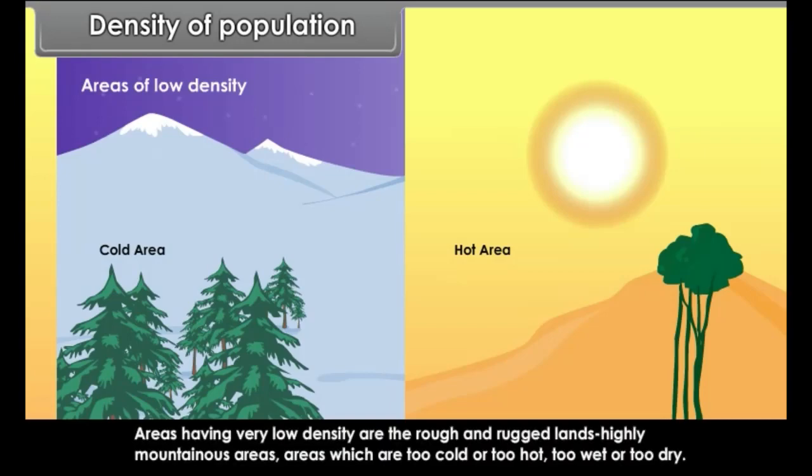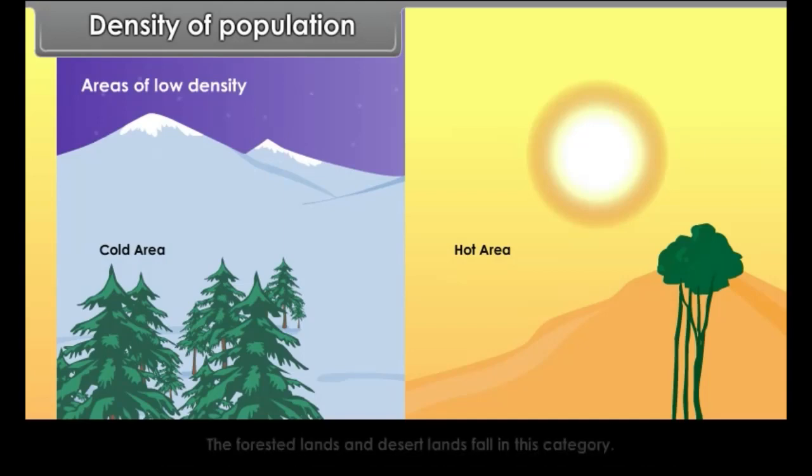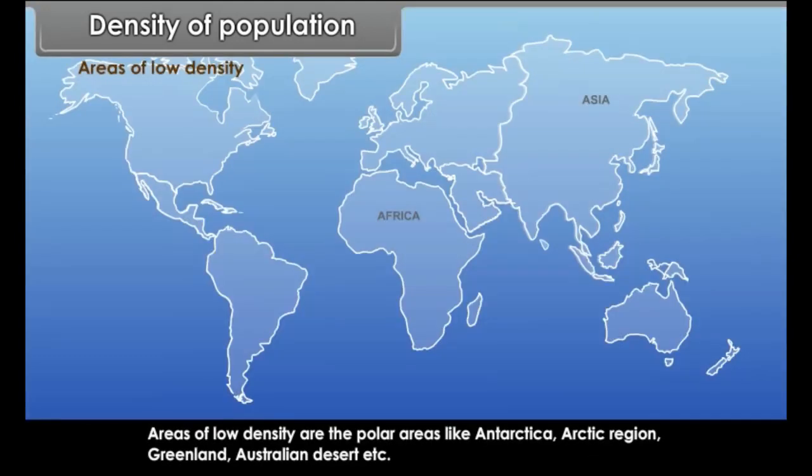Areas having very low density are the rough and rugged lands, highly mountainous areas, areas which are too cold or too hot, too wet or too dry. The forested lands and desert lands fall in this category. Areas of low density are the polar areas like Antarctica, Arctic region, Greenland, Australian desert, etc.